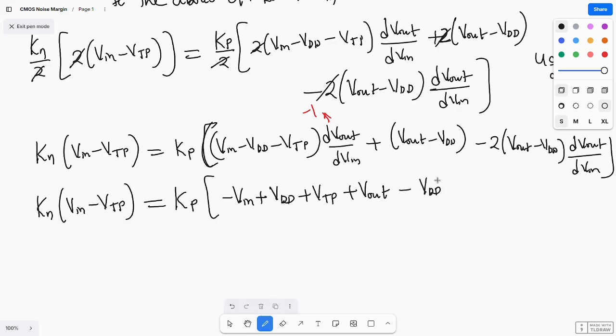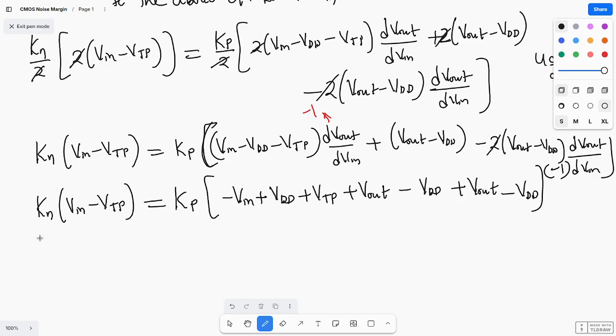Anyway the 2 gets cancelled now, so the 2 will not be there. Plus V out, not plus plus V out. So minus into minus plus, this is minus 1, plus V out, again minus into minus plus, so plus into minus means minus VDD.